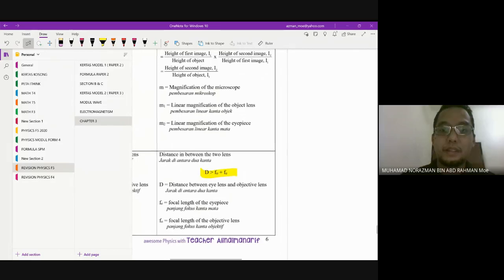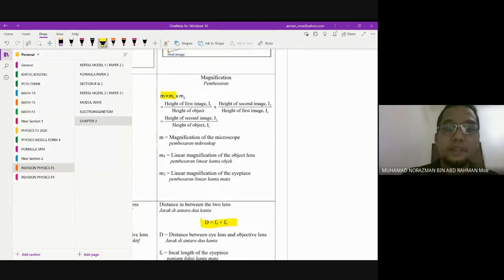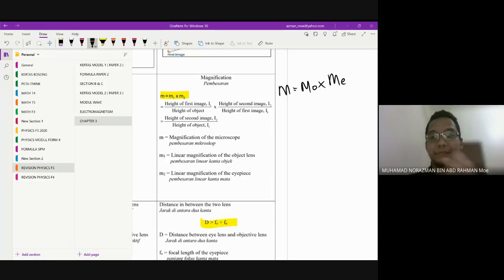Okay, itu kena ingat. And one more thing, magnification value is equal to magnification of objective lens times by magnification of eyepiece lens.